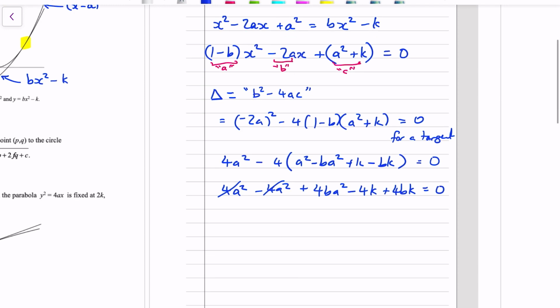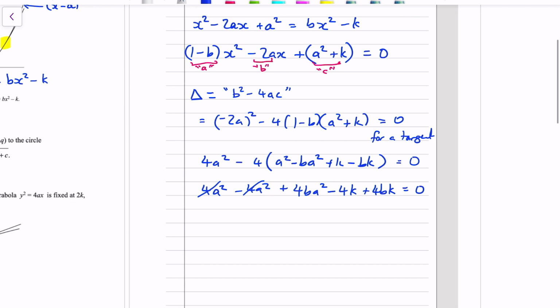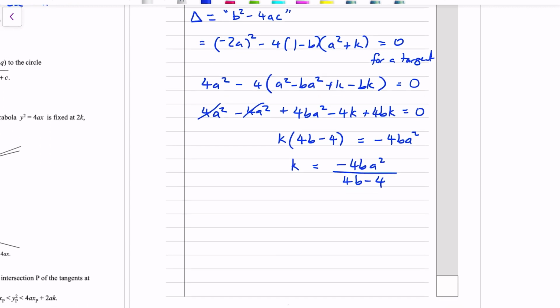And I need to make k the subject. The question said find k in terms of a and b. So the terms that have got k's in them, I leave them on one side and I factor out the k. So I've got k times (4b minus 4), and the other term, 4ba squared, can go to the right hand side, and then I divide through by 4b minus 4, and I can tidy this up a little bit by dividing top and bottom by minus 4.